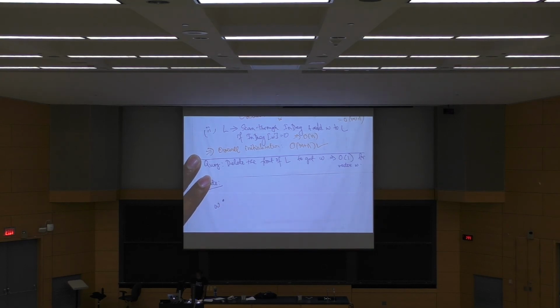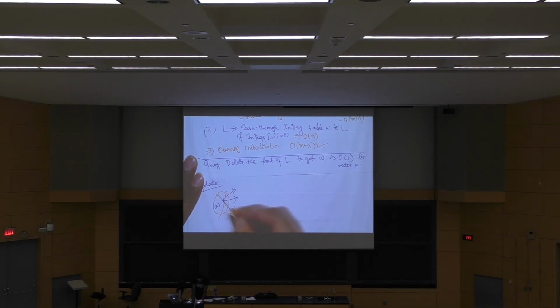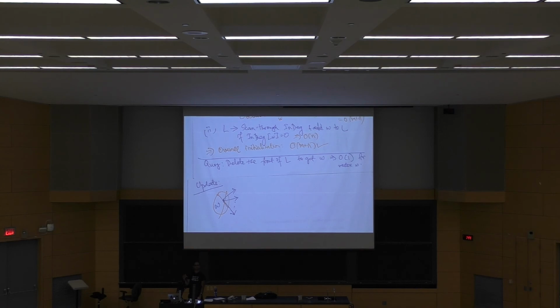So what are we doing? We have this vertex W that has only outgoing edges. And so the idea, of course, is we're going to throw away this vertex W. If I throw away this vertex W, which locations in the in degree vertex should I go and make changes?